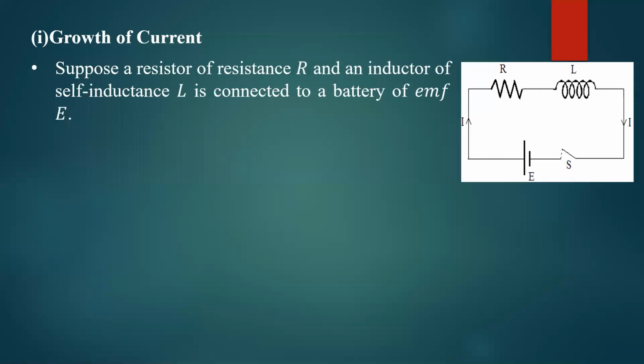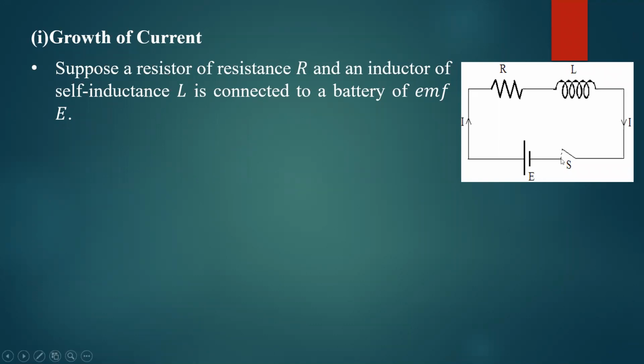The resistor and the inductor are connected in series, and this series combination is connected to a battery through a switch. That is how the circuit is connected, and the current through the circuit grows slowly.